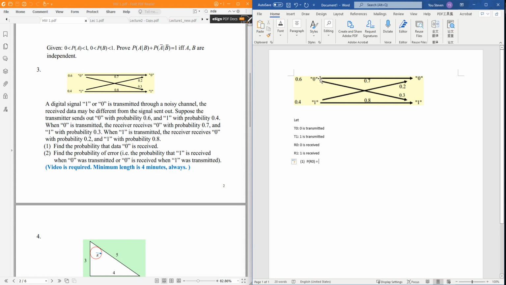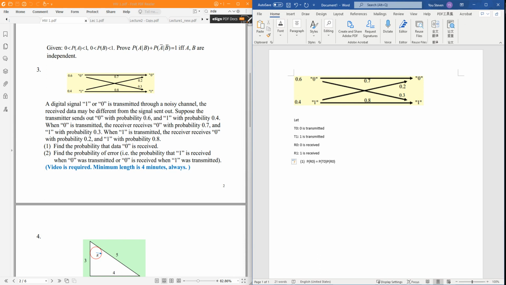So from the picture, we can see that the 0 is received. It has two paths. It's this path, and this path. So it's the probability of 0 is transmitted and it receives the actual 0.